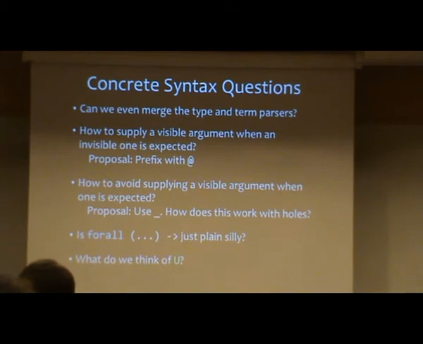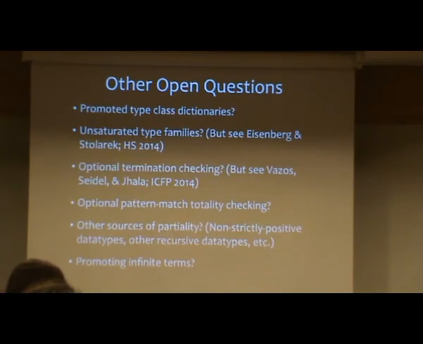I don't know. If something is asking for a visible parameter, but we don't want to supply it because it can be inferred, should we just use underscore like every other language, or does that now conflict with holes? I don't know. Should we have the possibility of having a visible type parameter that's irrelevant? Maybe that's silly, I don't know. And what on earth would that do?